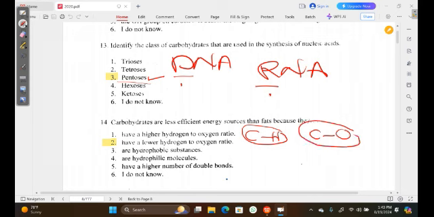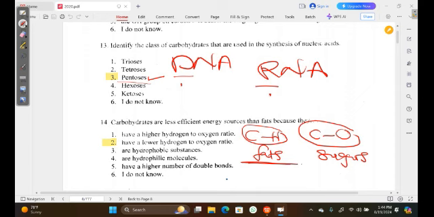We have fats, which have more of this, and we have this type of bonding in sugars, which are carbohydrates. So fats have the ability to store more energy efficiently because of this type of bonding.